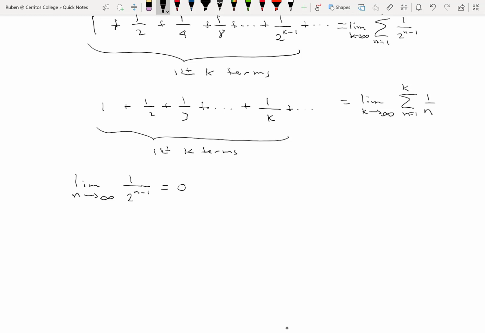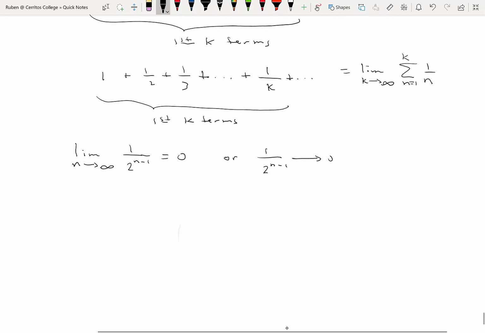That means the sizes of the slices of pizza in the first person on the date are getting very small. Or we could simply write in a more shorthand fashion, 1 over 2 to the n minus 1 approaches 0. We don't even have to write as n approaches infinity, because it's always assumed that n is approaching infinity.